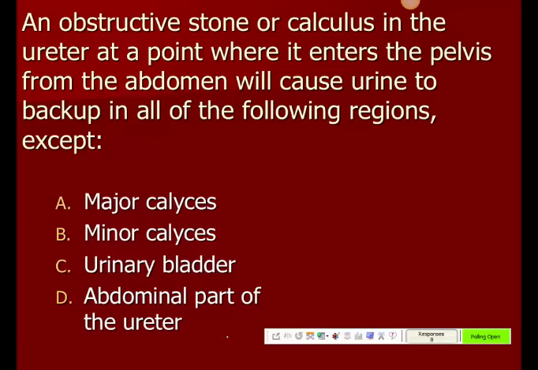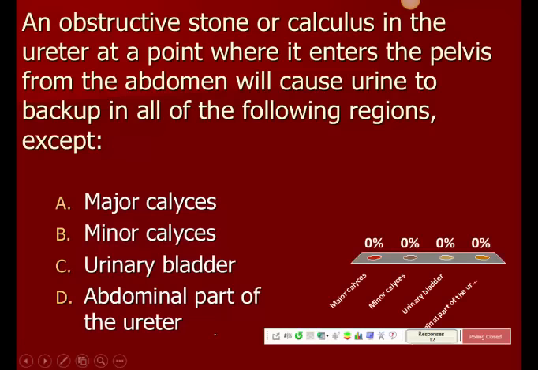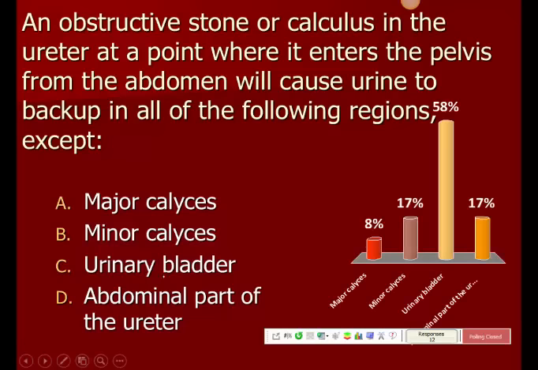It would back up in all of these regions except the urinary bladder, yes, and here's why.